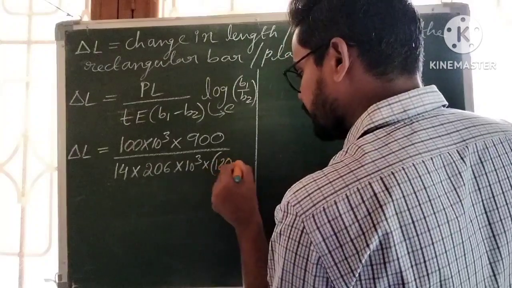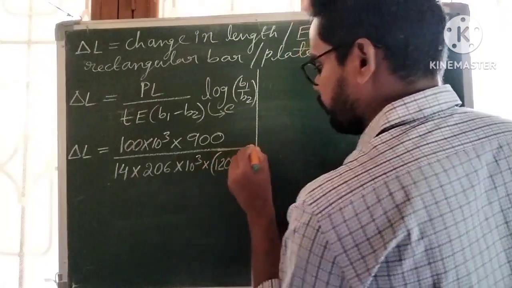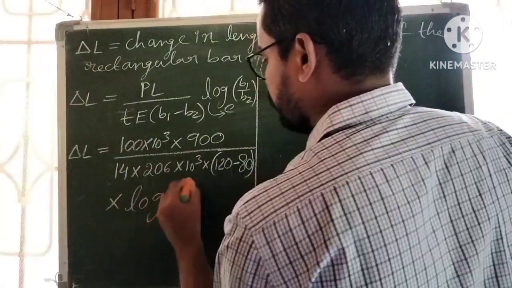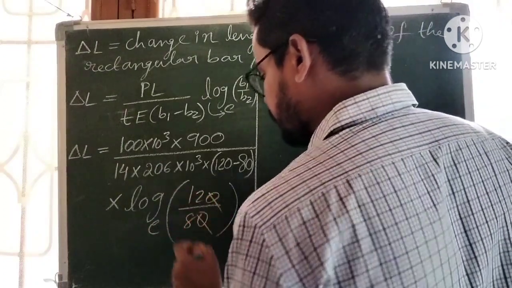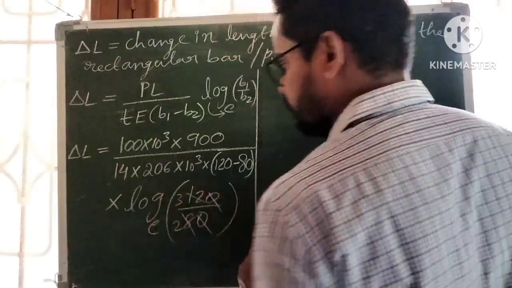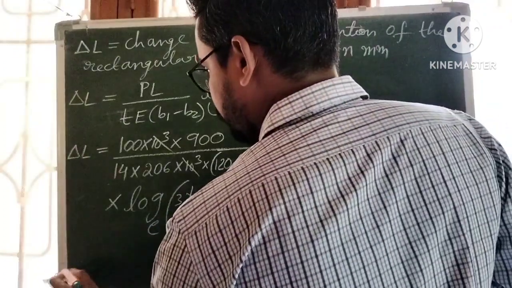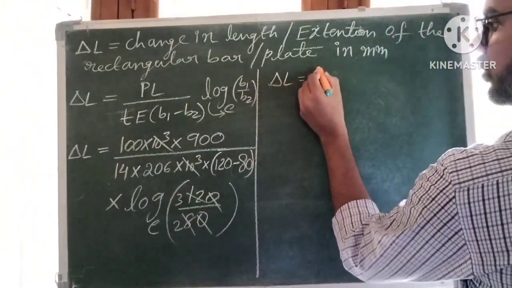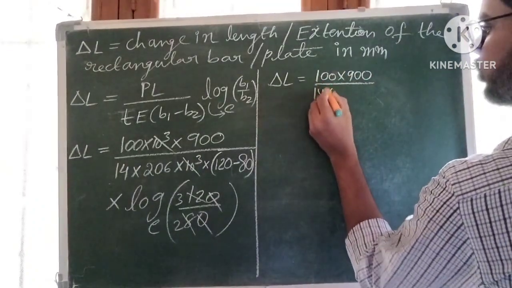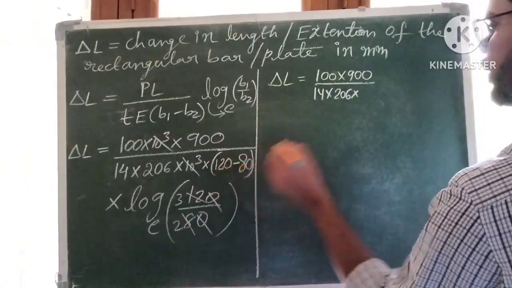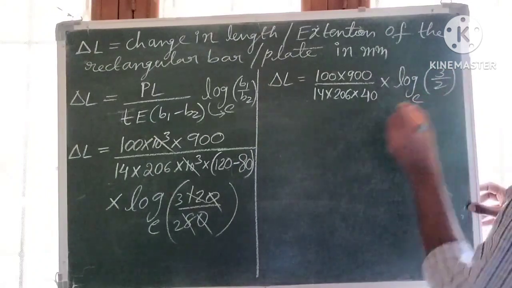B1 maximum breadth, initial breadth 120, final breadth 80 into log B1 by B2, 120 by 80 to the base e. 10 cube get cancelled. Now delta L is equal to 100 into 900 by 14 into 206 into 120 minus 80, 40, into log 3 by 2 to the base e.